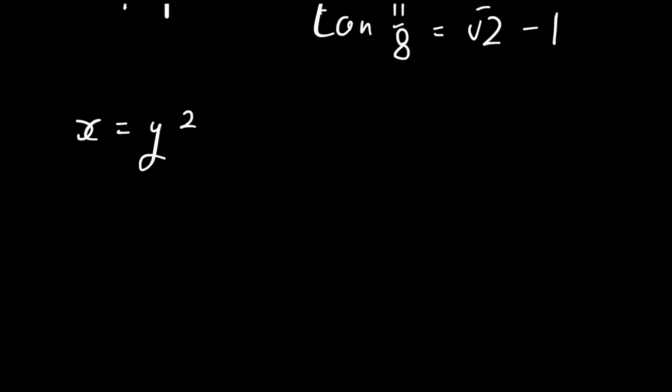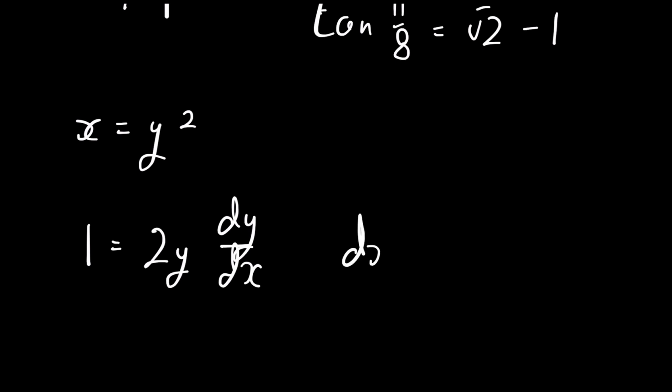So x equals y squared for the original integral. If we do this, we can say 1 equals 2y dy over dx. Well, I guess I should have done the other way instead of implicitly differentiating, but dx will equal 2y dy.